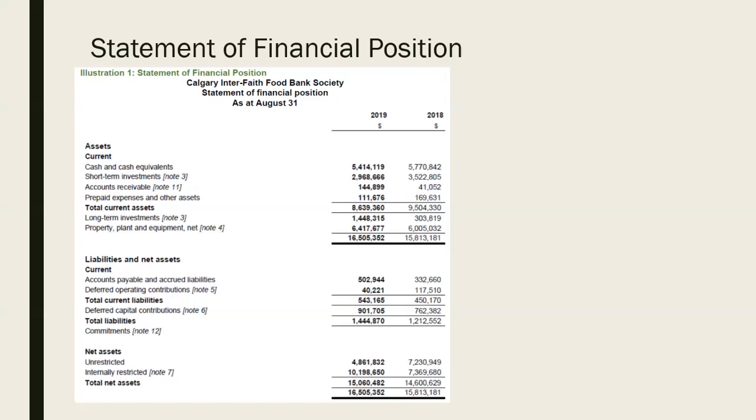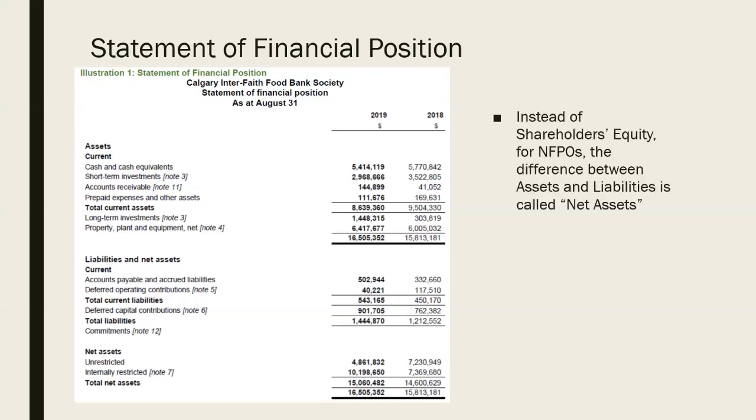What you will notice is instead of using the term equity or shareholders' equity, in not-for-profit organizations, the difference between assets and liabilities is called net assets. Keep in mind that there is no ownership interest in a not-for-profit organization, hence the difference between assets and liabilities is called net assets.